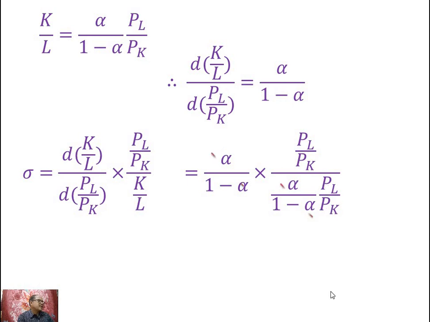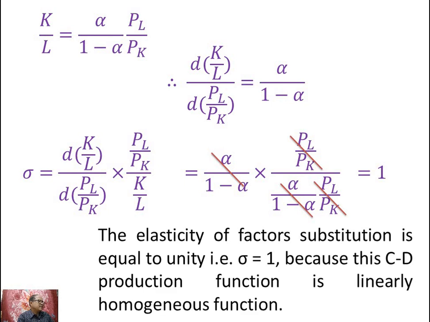After cancelling these two terms, and again cancelling these two terms, we get 1. So the elasticity of factor substitution of this production function is equal to unity, that is sigma is equal to 1, because this Cobb-Douglas production function is a linearly homogeneous function. So these are the properties of the Cobb-Douglas production function. Thank you.